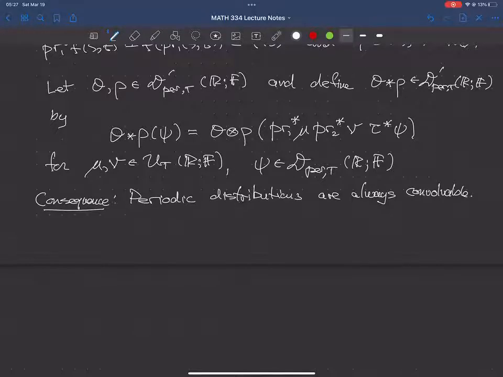It's really because they bear more resemblance to distributions with compact support, by virtue of their periodicity.